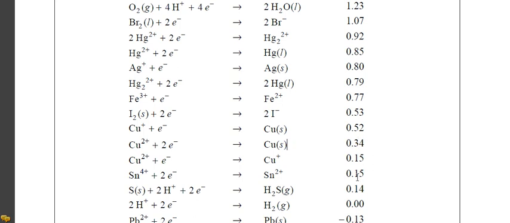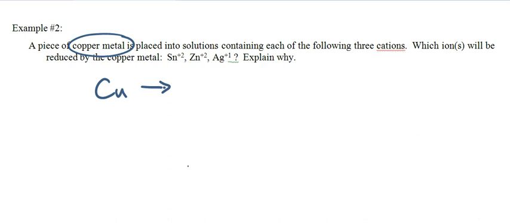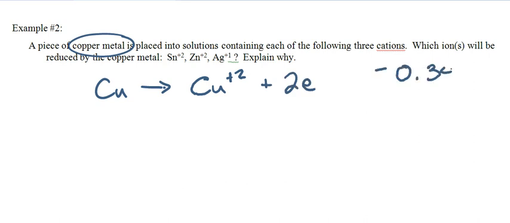However, since we are oxidizing the copper, we want to go with the smaller value because it's a smaller negative value. So nature will automatically make copper metal, when it is oxidized, a +2 charge because it yields a smaller negative voltage.